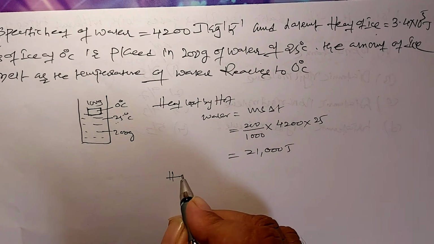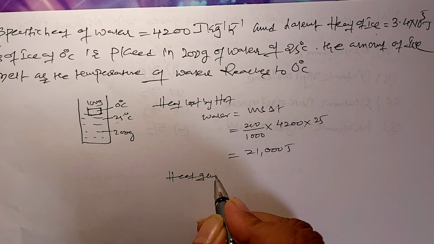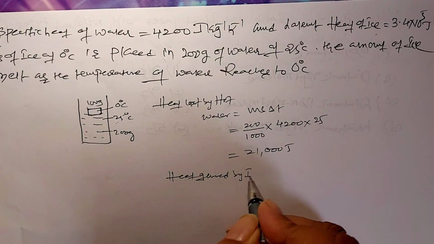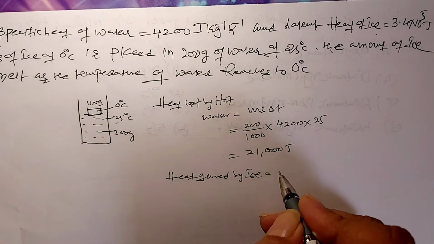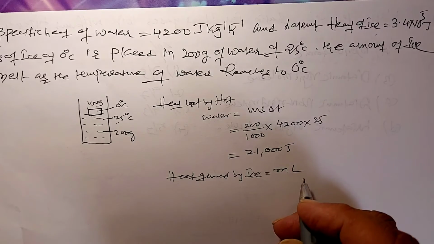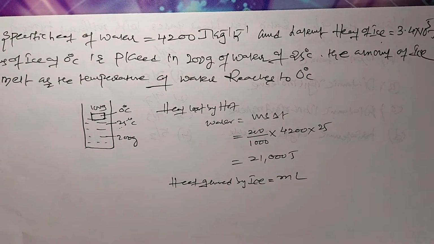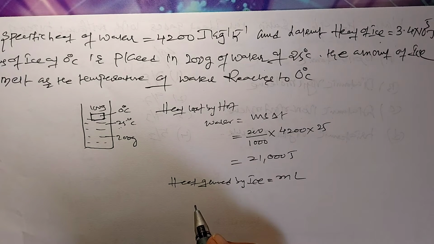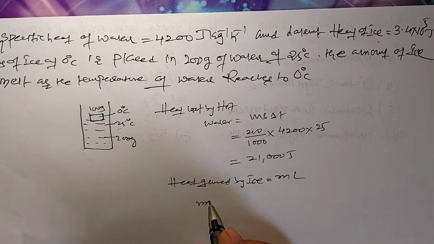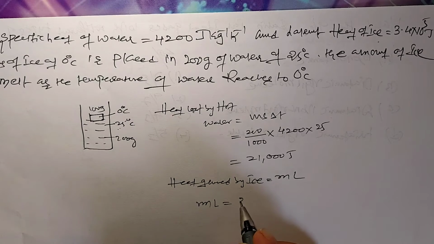Heat gained by ice is equal to m into L, where m is the mass of the ice melted and L is the latent heat. According to the principle of mixtures, these two are equal: heat lost by hot water equals heat gained by ice. So m into L is equal to 21,000.